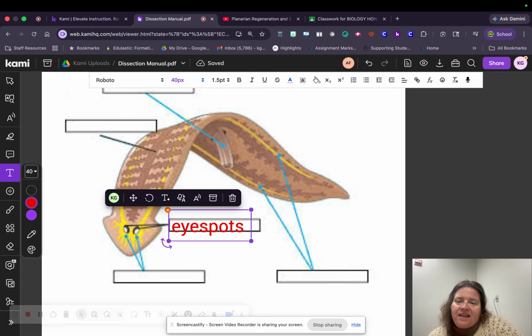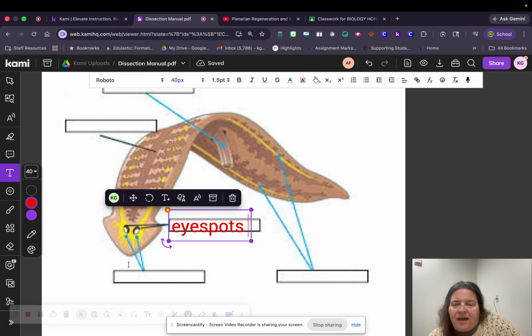They will detect light. And because flatworms are pretty tiny and flat, they are pretty vulnerable to predators. So it is good for them to try to find a place that's dark and protected, like underneath of a rock or something. So that allows them to find those environments where they can survive.